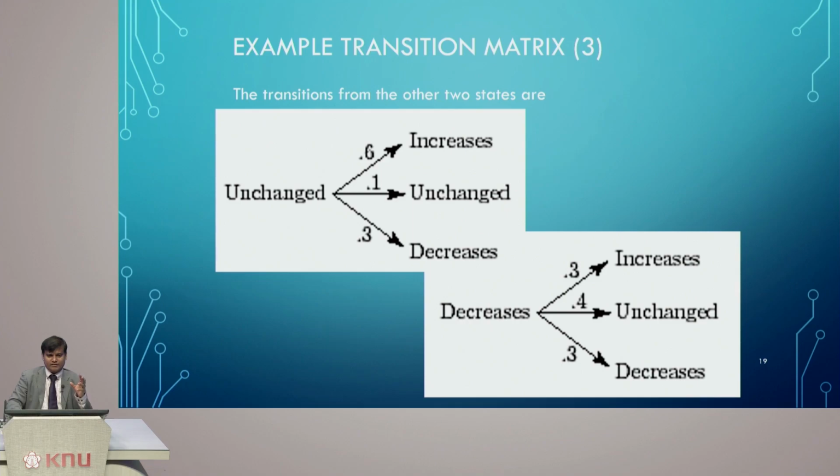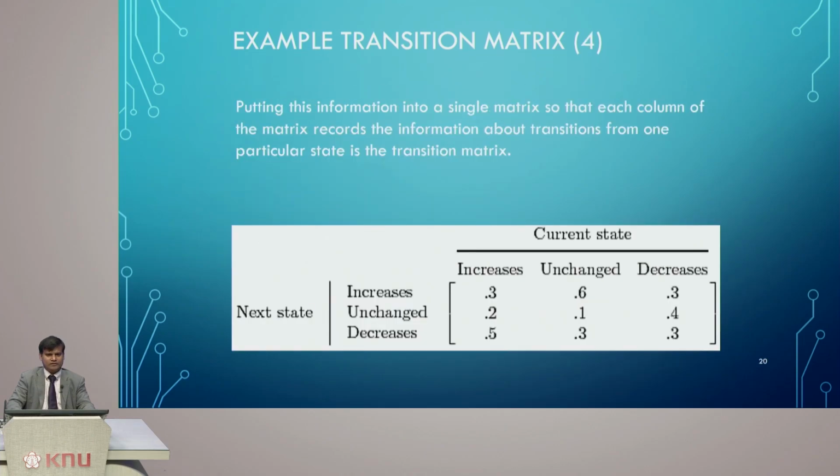In the same way, you can come up with the next 2 states. If today the stock price is unchanged, what happens the next day? If today the stock price decreases, what happens the next day? It is just given in the problem. So, based on that you can come up with the whole transition matrix. Yeah, here it is.